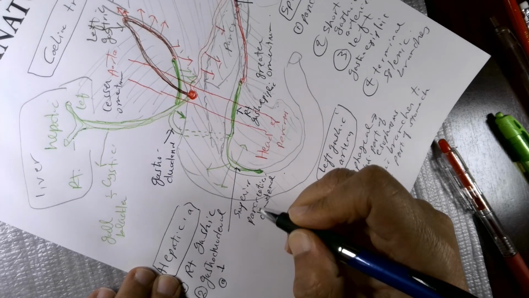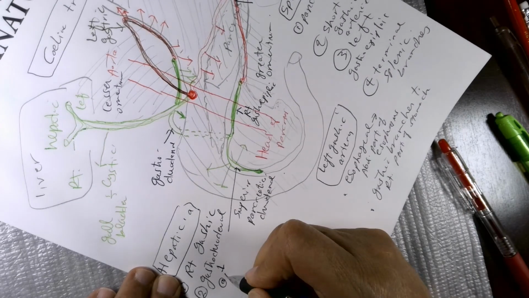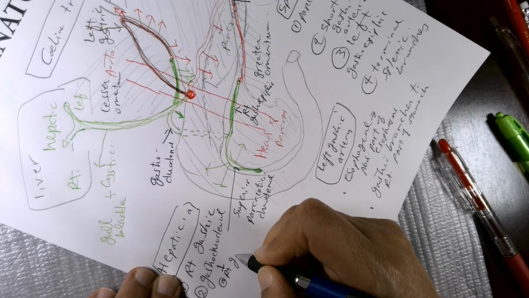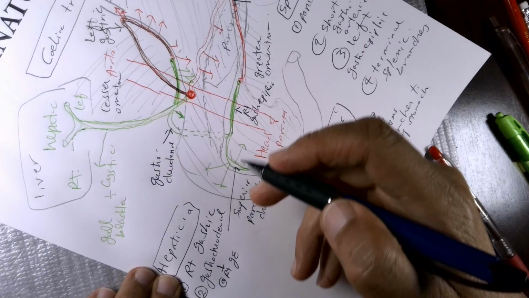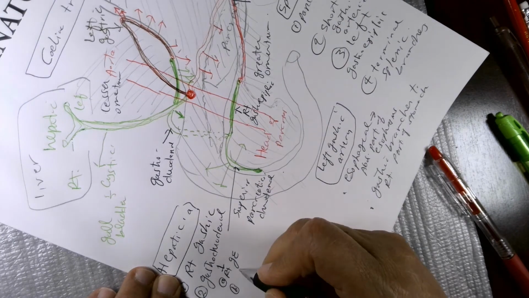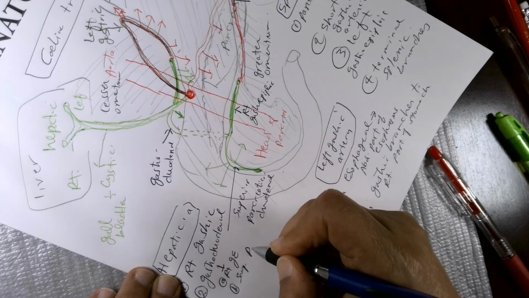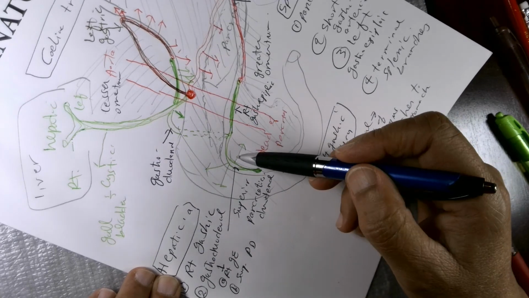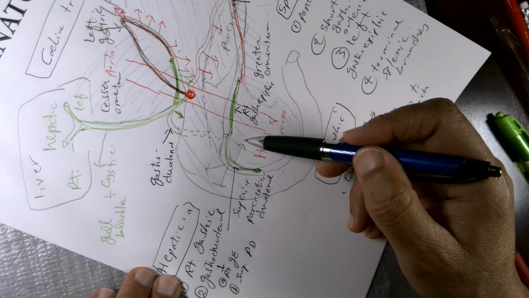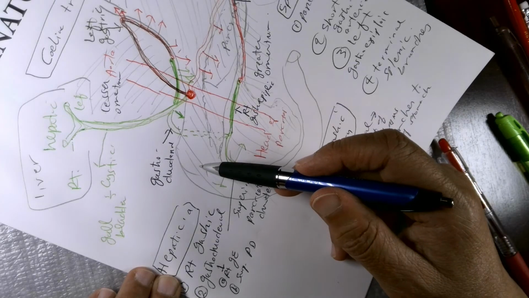A, right gastroepiploic, anastomosing with the left in the greater omentum. B, superior pancreaticoduodenal artery, supplying the upper part of the head of the pancreas and the upper half of the duodenum.